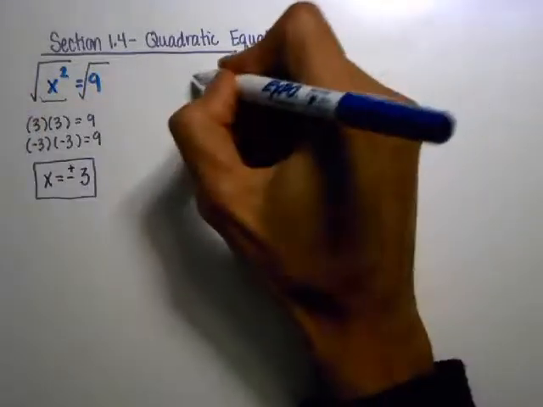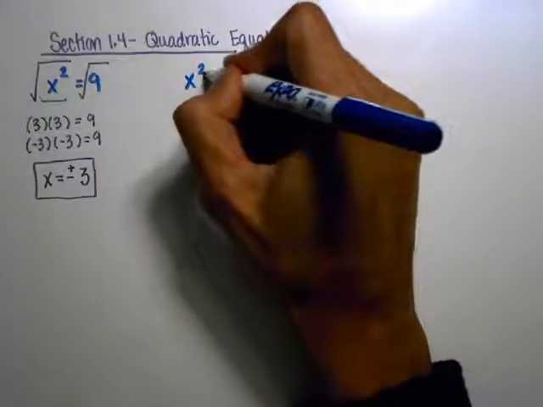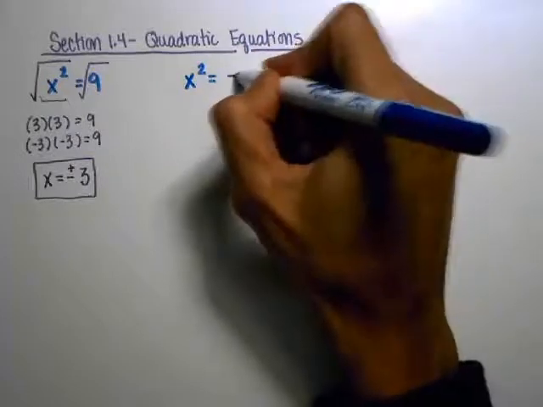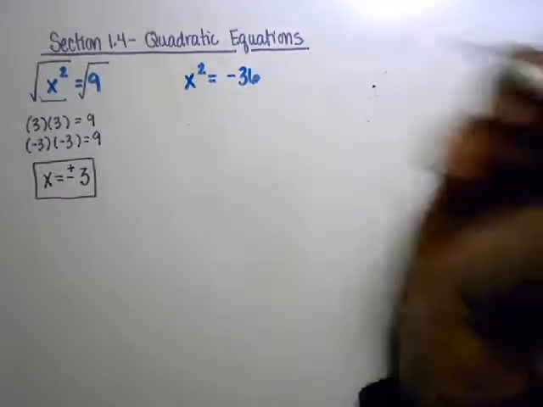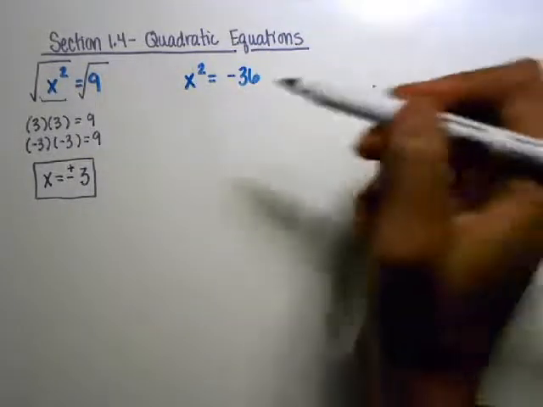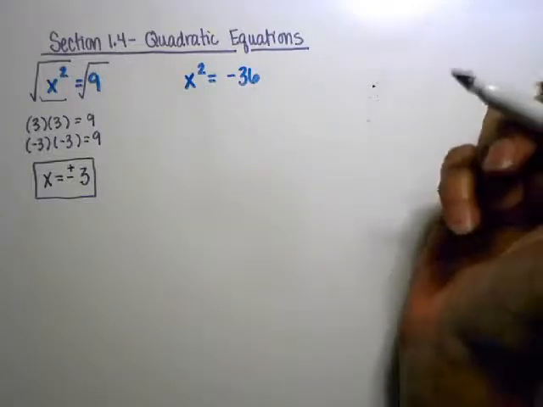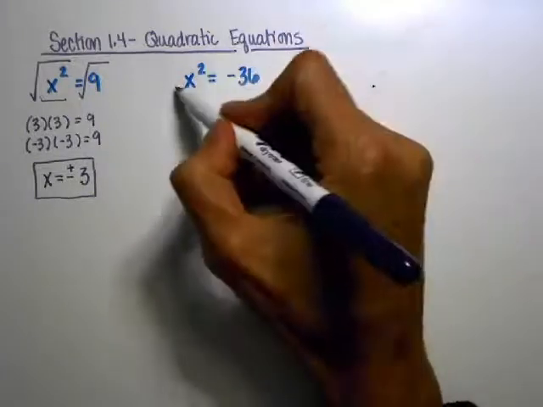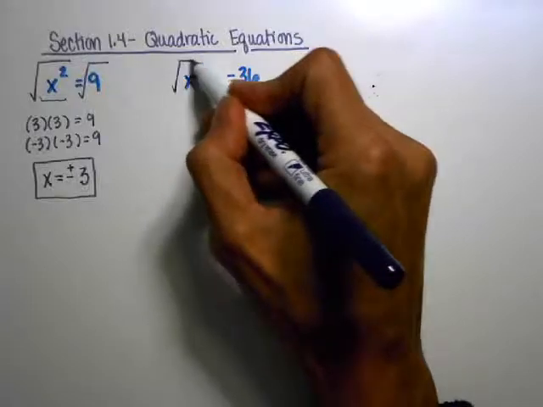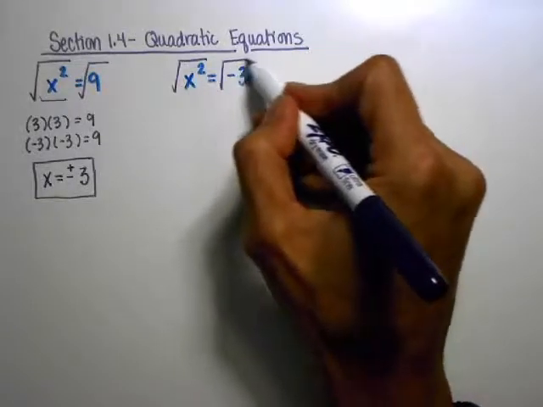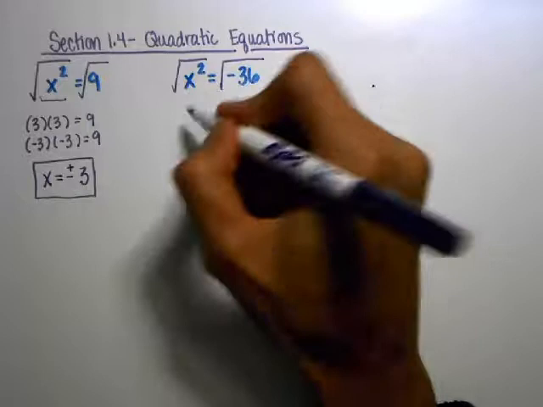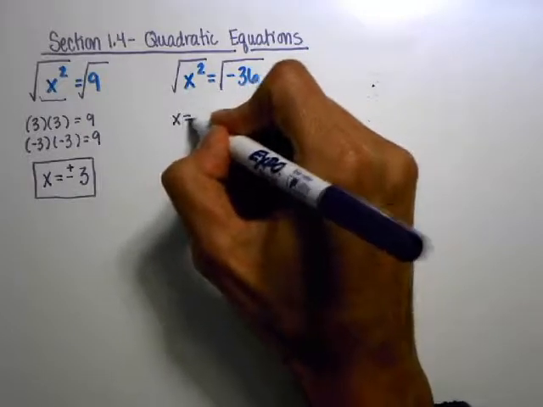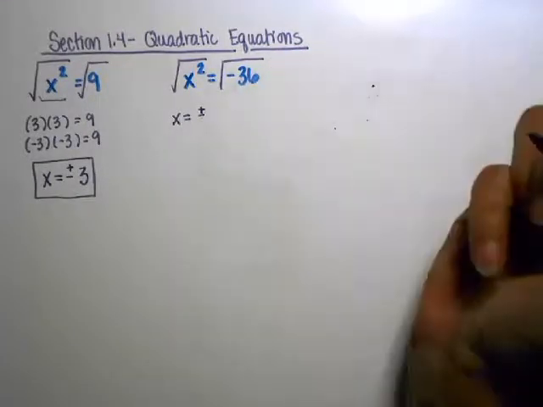But let's say we had another basic problem that said x squared is equal to negative 36. So again, we're coming up with two numbers that multiply to give us negative 36. Since we're stepping into this imaginary world, we're going to take the square root of both sides like we did earlier. We know that there's going to be two answers. This side is going to give us x. This side is going to give us a plus or minus.